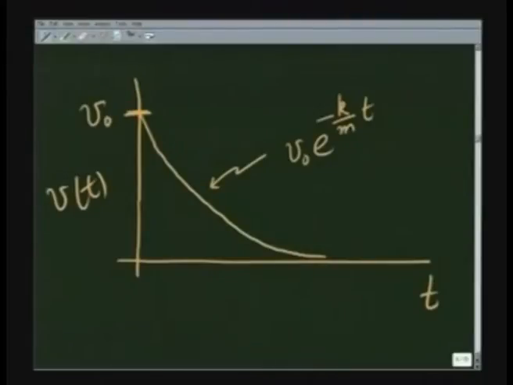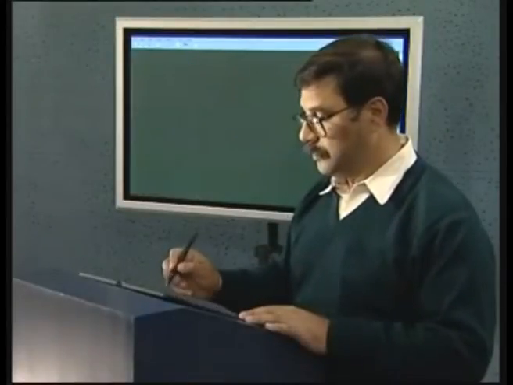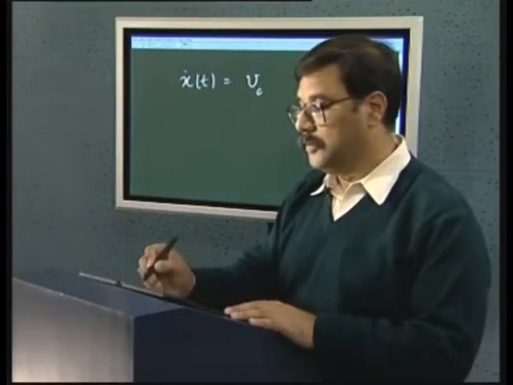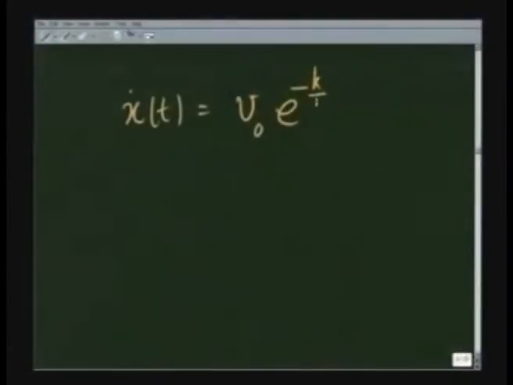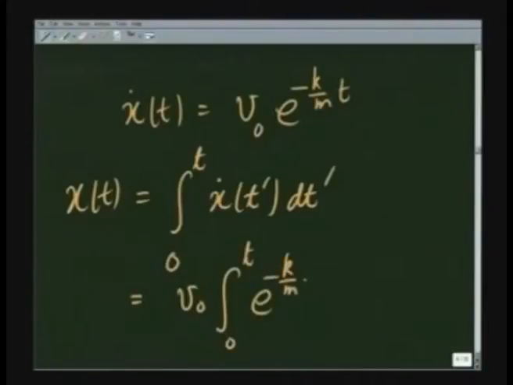How about the distance traveled by the particle? That is also easy to calculate once I know the velocity. x dot t is given to be v0 e raised to minus k over m t. So the distance traveled in time t is going to be the integral from 0 to t of x dot t prime dt prime, which is equal to v0 times the integral from 0 to t of e raised to minus k over m t prime dt prime.